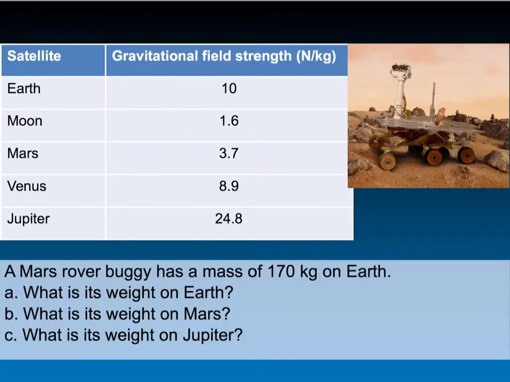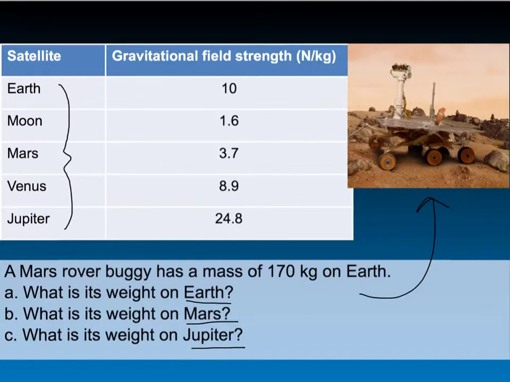Now what I'd like you to do is have a look at the satellites in the table down here and have a look at their corresponding gravitational field strength. I would then like you to find out the weight of the Mars rover buggy on Earth, on Mars and on Jupiter. You might want to pause the video for a minute to work this out.